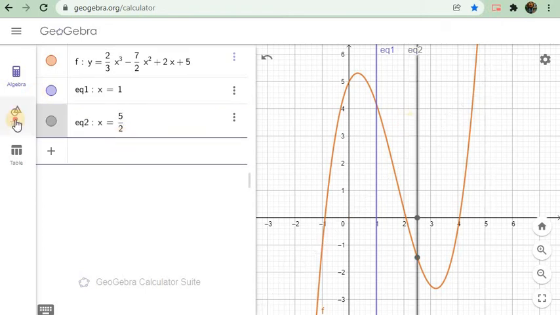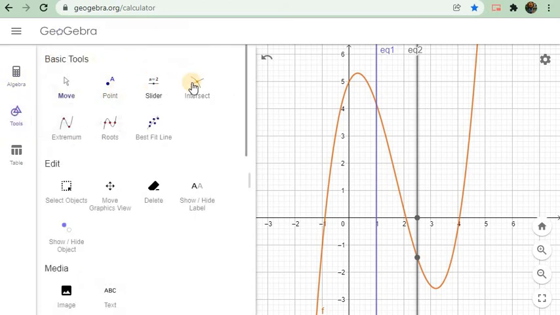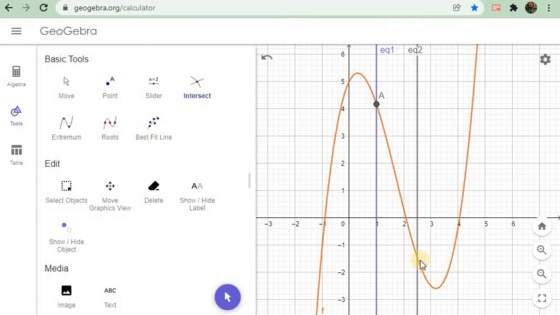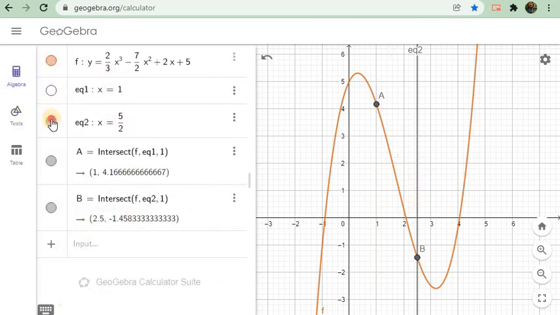Now we just need to find the intersection between that, which is this point and then this point. And then we don't need the graph. Let's erase that. We got the points now. This should be the coordinates.